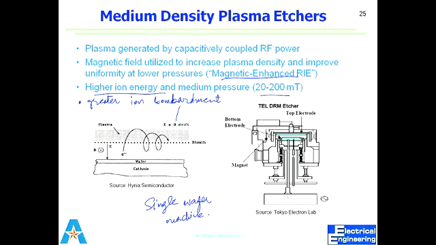In this case, the energy of the ions is relatively higher compared to low density, but your pressure goes down. That is medium pressure, in the range of 20 to 200 millitorr. So that trade-off is also seen in this equipment. That's why I say that if you're using high density plasma, you operate at low pressure, and if you're using low density plasma, you operate at high pressure, greater than 200 millitorr.